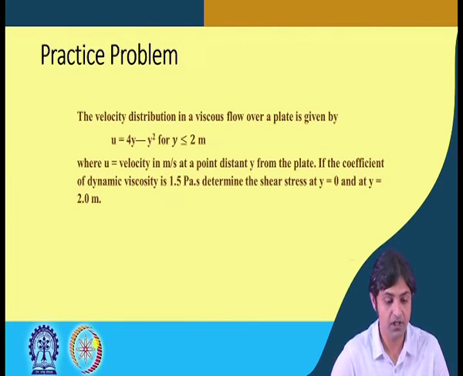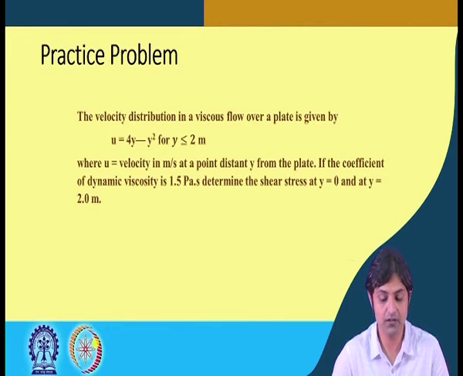The question says the velocity distribution in a viscous flow over a plate is given by u is equal to 4y minus y square for y less than 2 meters. Here u is velocity in meters per second at a point distance y from the plate. If the coefficient of dynamic viscosity is 1.5 Pascal second, determine the shear stress at y is equal to 0 and at y is equal to 2 meters.